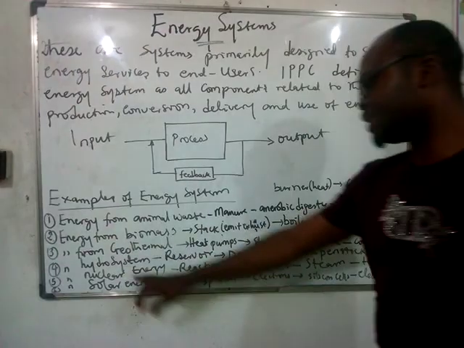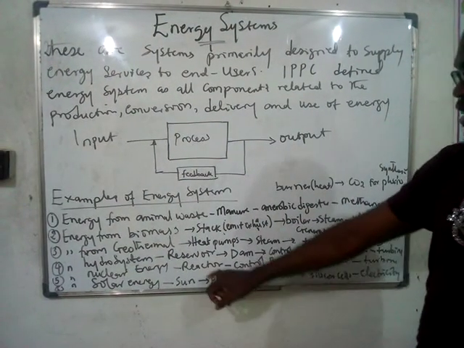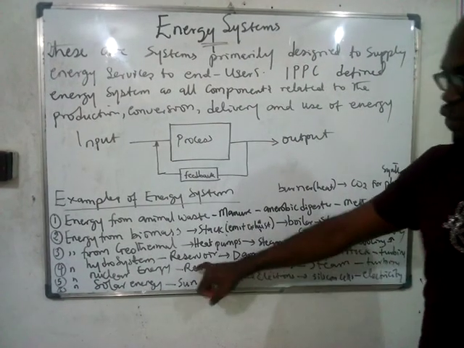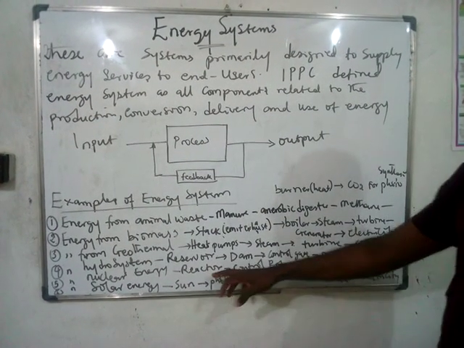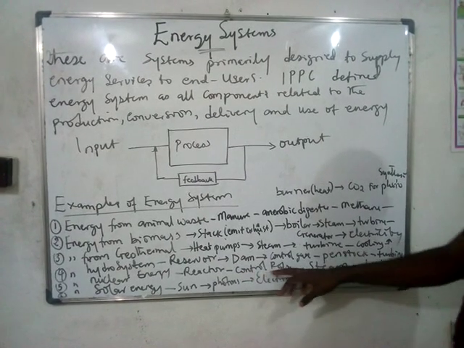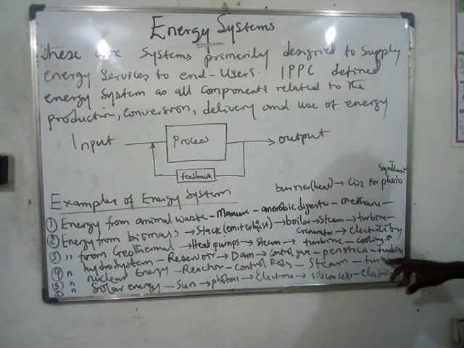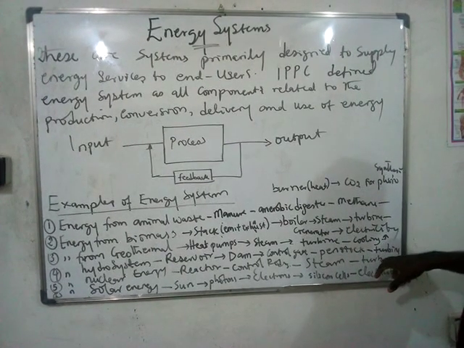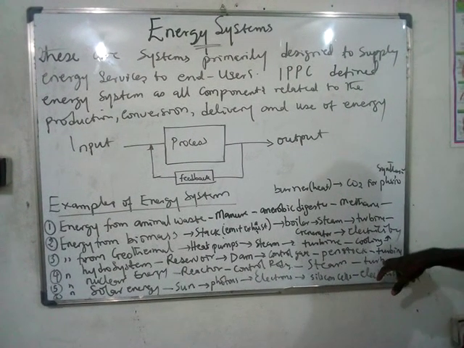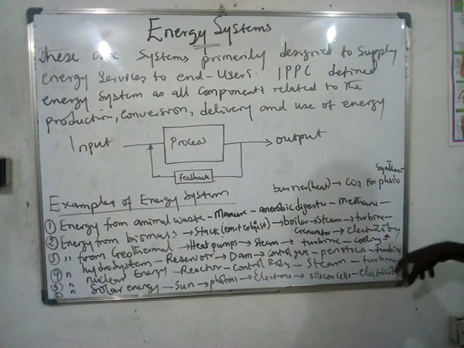Then we'll talk about nuclear energy, which is essentially reactors with things like uranium and other radioactive materials, with control rods, producing steam that turns a turbine, and this turbine essentially works on the generator to produce electricity.